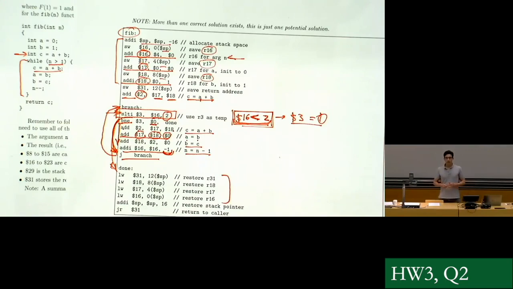This doesn't mean that the caller cannot use them. Before calling this Fibonacci function, we have some other function, maybe a main function, that calls the Fibonacci function, and this main function might be using these registers. If we have this convention, and every time the function is called we store these registers in the stack, we are on the safe side, right? So it's just for safety. Yes, exactly.